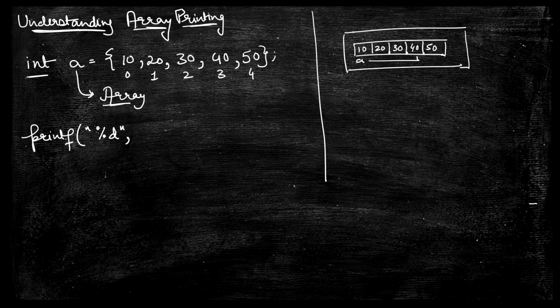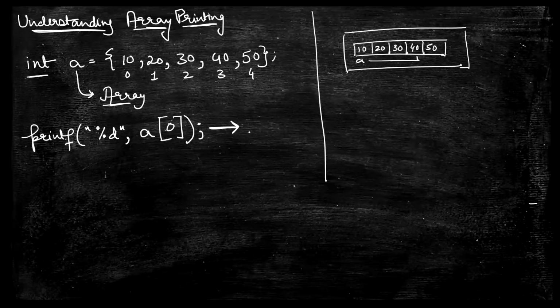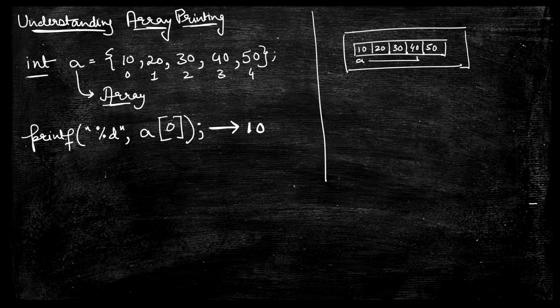Then we have to print using the variable name, that is a, and the index. The index of 10 is 0. So what will this line do? This line will print 10 on the output screen. We will show this one by one after understanding these examples, in VS Code.